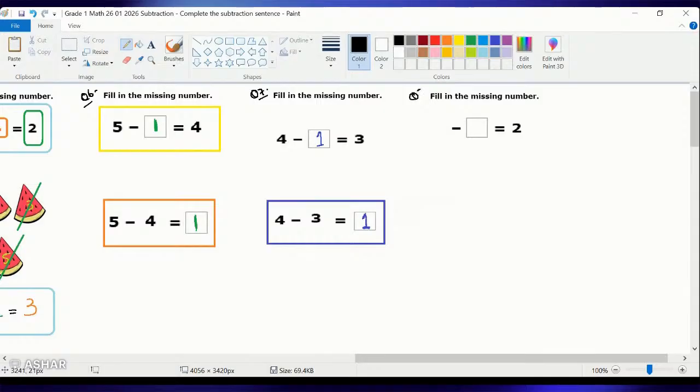We make it a little interesting over here. Let's suppose this was 6. So if 6 minus something should be equals to 2, then 6 minus 2 should be equals to the same, right? Do we agree?